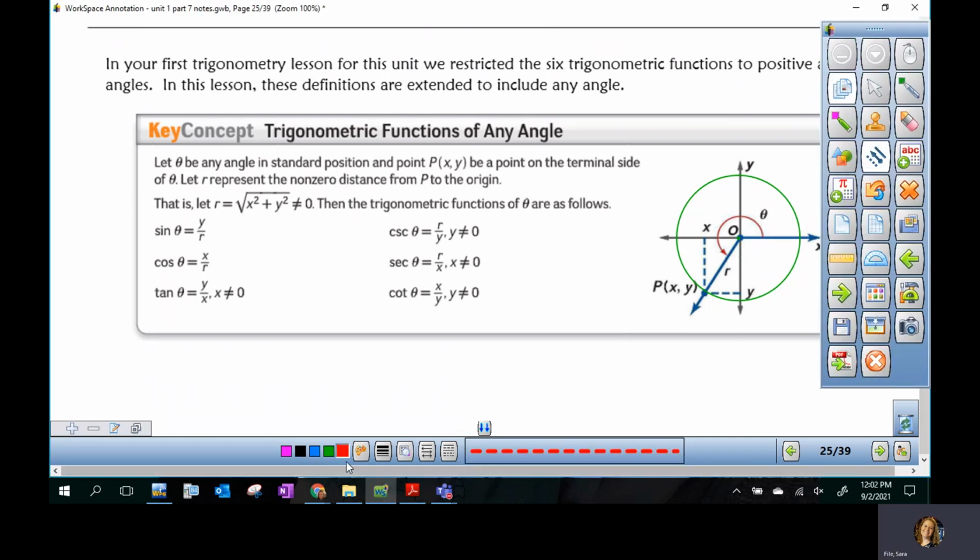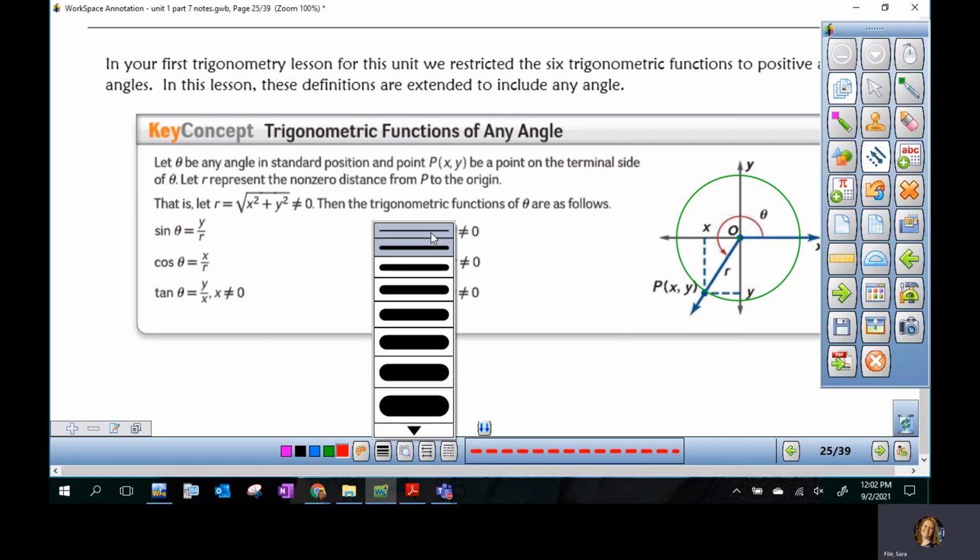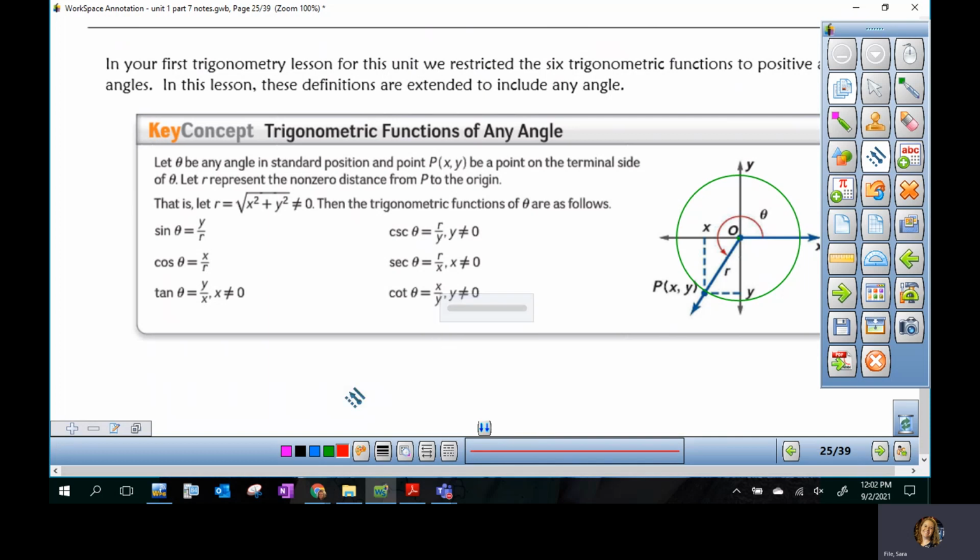They correspond to what we've done up to this point with O, A, and H. Okay, so I'm going to try and give you a little picture of that. Just going to draw this angle in quadrant 3 that's there. I'll try that again.